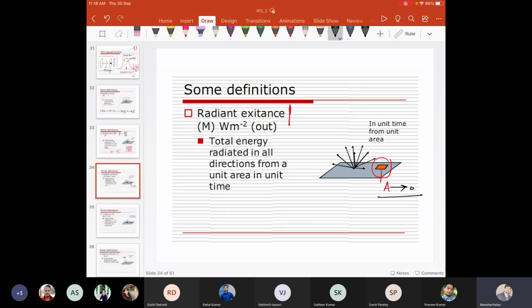But when we have a certain amount of energy, it's watt per meter square. It's power, so joule per second, and per unit area. So this is the radiant exitance: how much energy is radiated per unit time, per unit area.